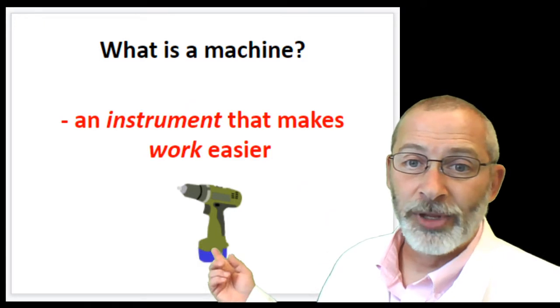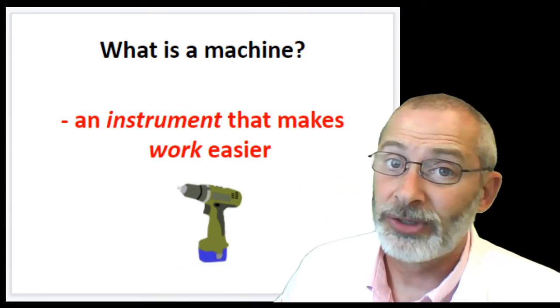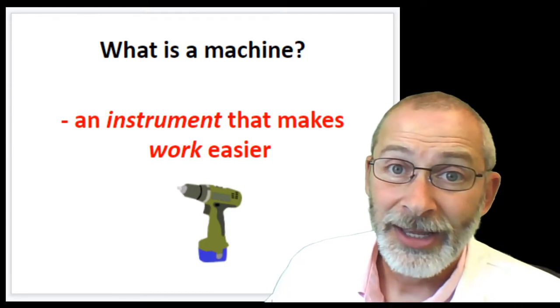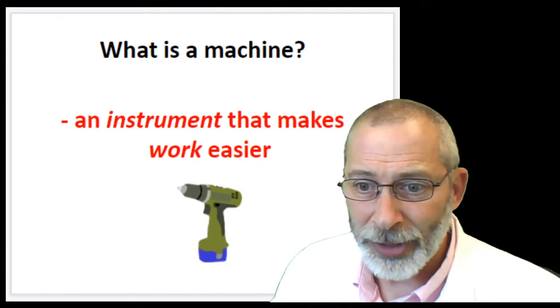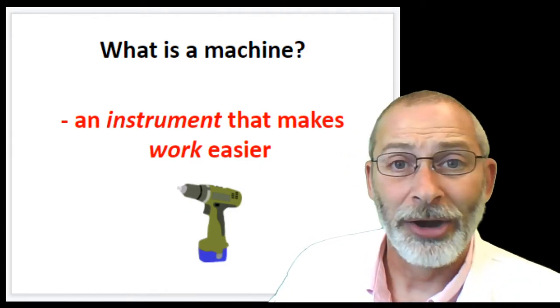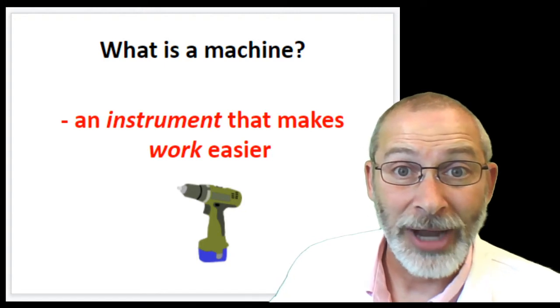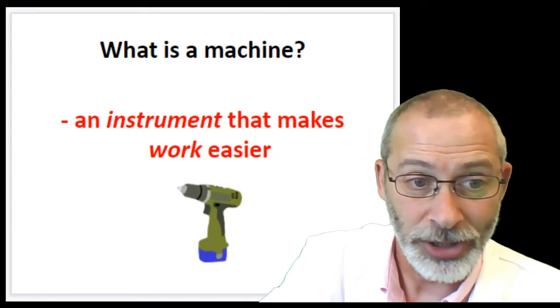So here's an example of another instrument or a tool, a power drill, and certainly a power drill is going to be a lot easier to screw a screw into a piece of wood as opposed to trying to do it with your bare hands. That would be a rather difficult challenge for anyone to accomplish.